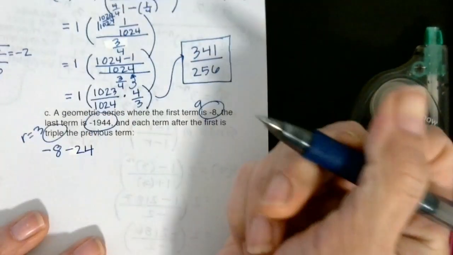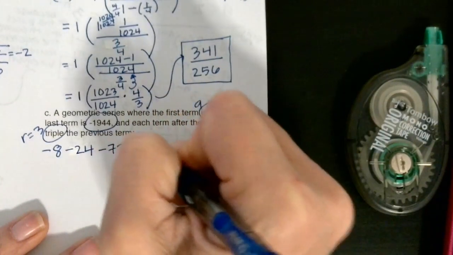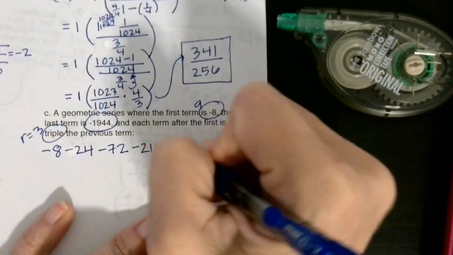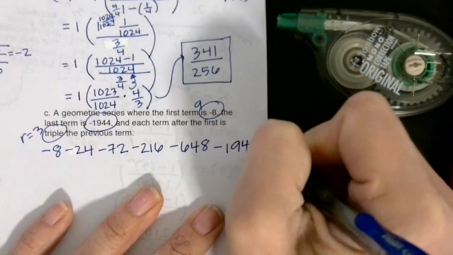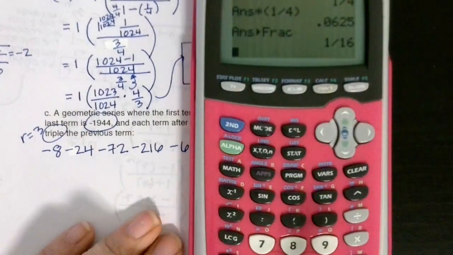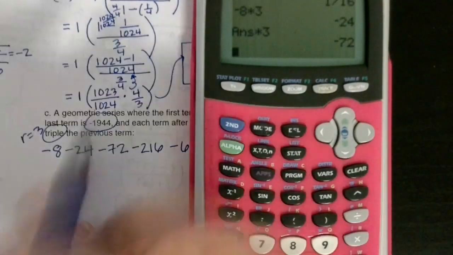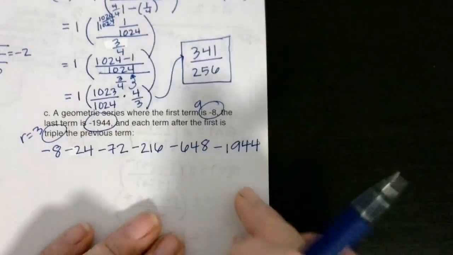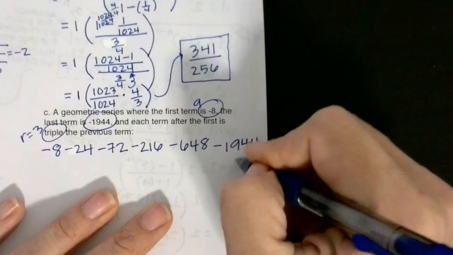Times that by 3, and you get negative 72, and then negative 216. Negative 648. They're all negative, so we definitely expect our sum to be negative. And just real quick, I know I didn't show it, but what I'm doing is negative 8 times 3, negative 24, times 3, negative 72, all the way till I get to that last term right there. 1, 2, 3, 4, 5, 6, so we have 6 terms.